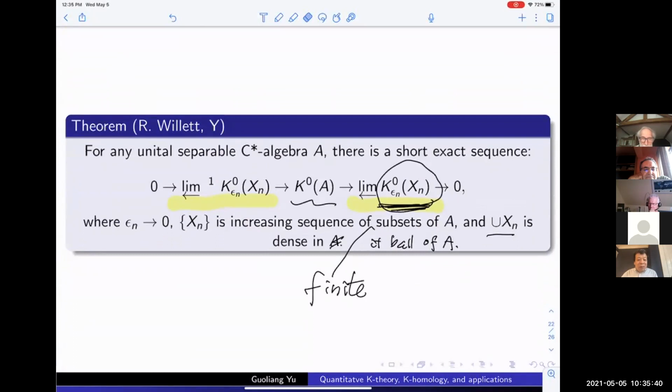Let me maybe explain from a more spiritual point of view. One of the major purposes of K-homology is to pair up with a K-theory element, right? Now, a K-theory element, whatever you need to deal with, only lives in a finite set.